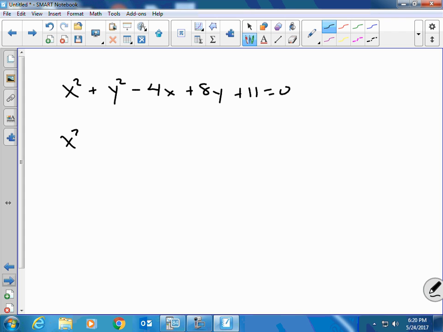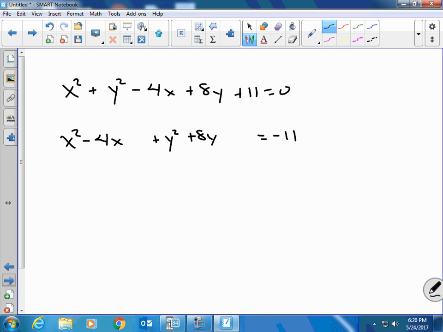So I'm going to put x² − 4x, and I'll have + y² + 8y, and get rid of the 11. Notice I left a space after the x and after the y. Did that on purpose.